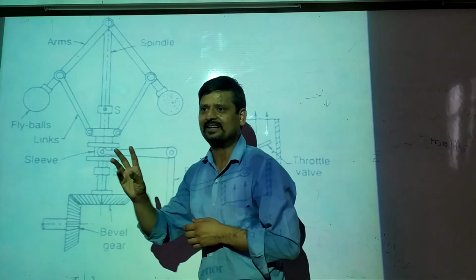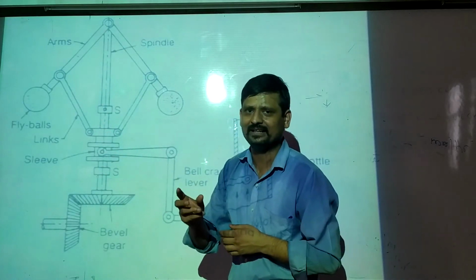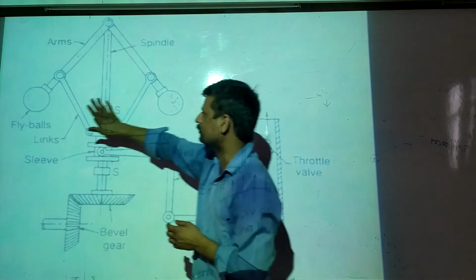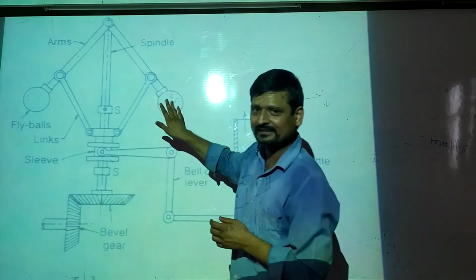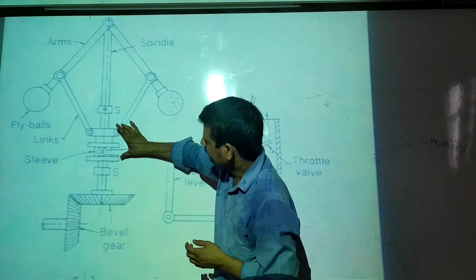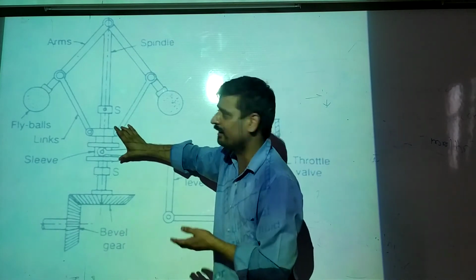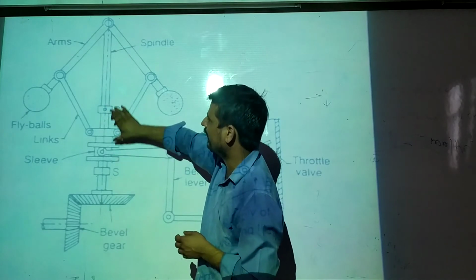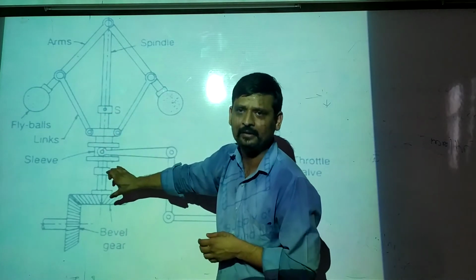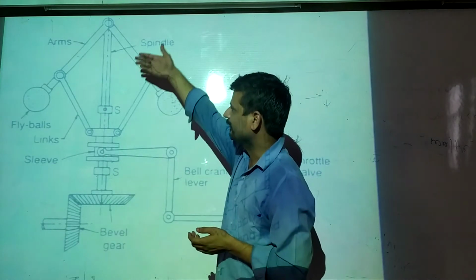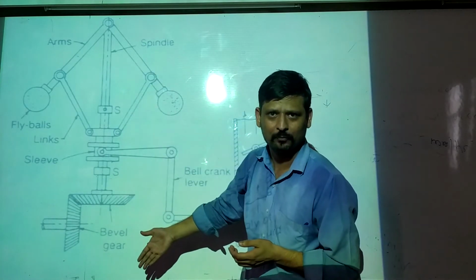Means let us say when the speed increases or when the speed decreases, then because of the centrifugal force acting on these two elements, this sleeve will slide over the spindle in upward direction and downward direction, because in all other directions it is constrained. Only in the y-axis it is free to move.